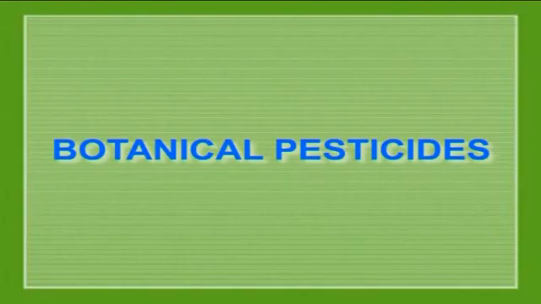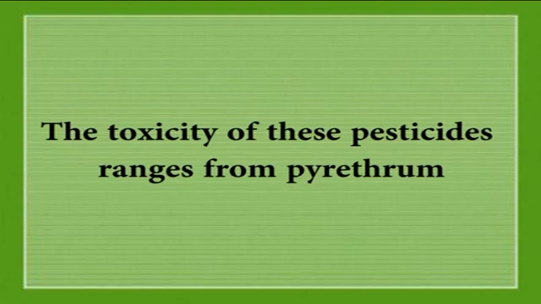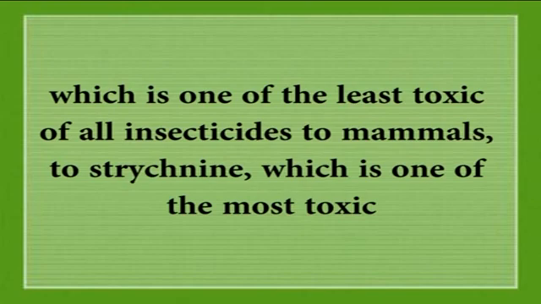Next is botanical pesticides. Pesticides derived from plants vary greatly in their chemical structure and also in their toxicity to humans. The toxicity of these pesticides ranges from pyrethrum, which is one of the least toxic of all insecticides to mammals, to strychnine, which is one of the most toxic.